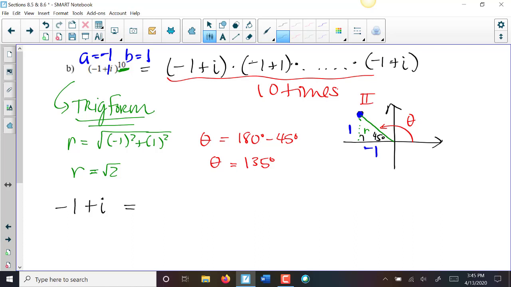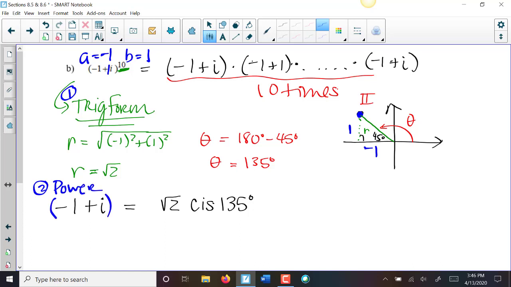Okay, so it's going to be square root of 2 CIS 135. Okay, now write it in trig form. That's your first step, and then do the power. Raise it to the power.